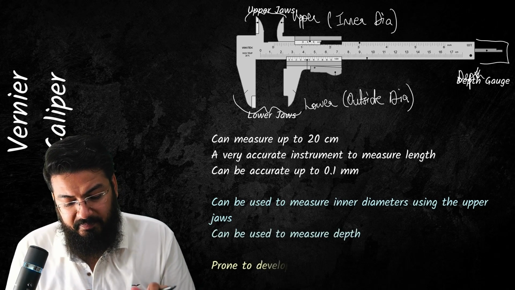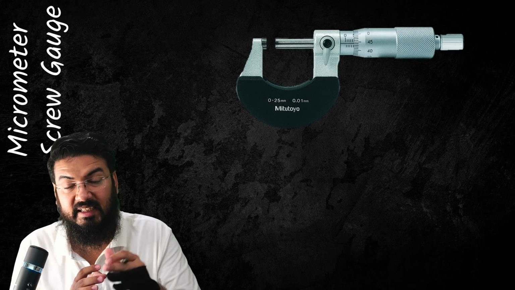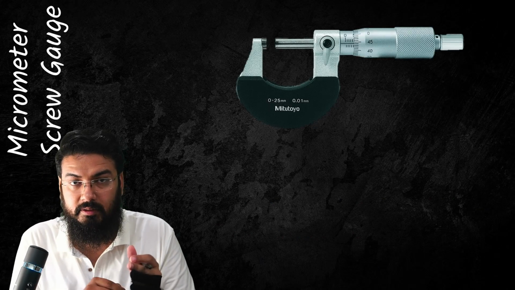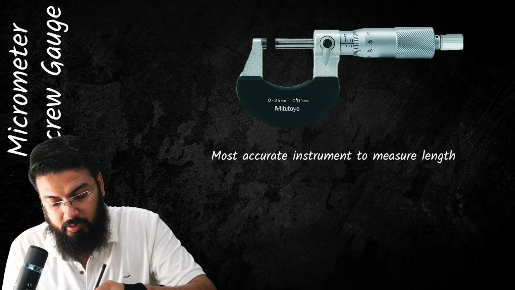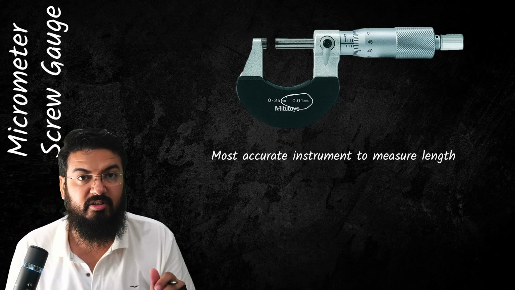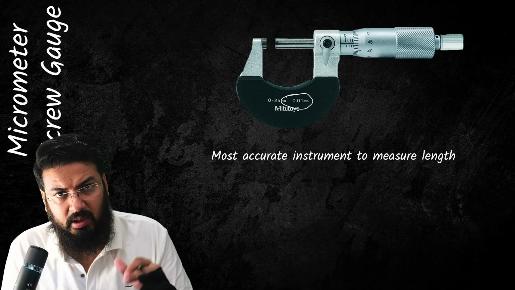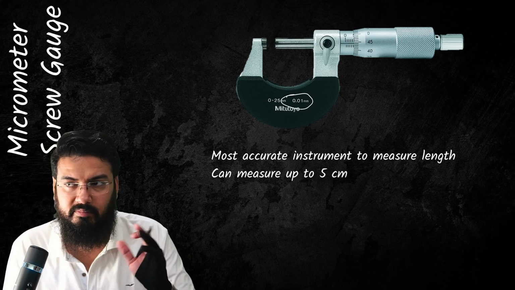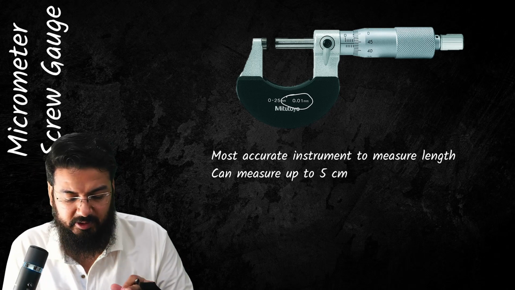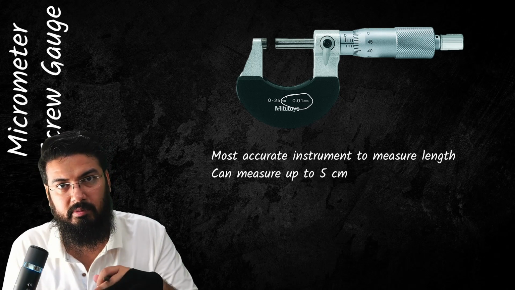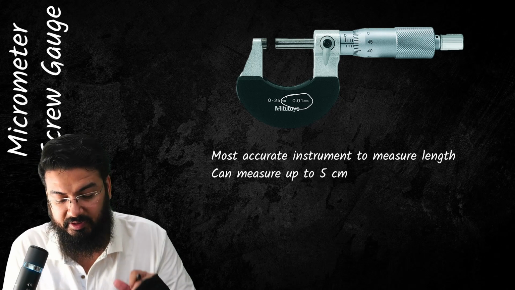Then you have the micrometer screw gauge. All right, the micrometer screw gauge, again, it's even more accurate than your vernier caliper. So like it's written over here, the smallest division is 0.01 millimeter. Again, some have a maximum length of 5 centimeters or maybe 10 centimeters, but usually commercially available micrometers can measure up to 5 centimeters.